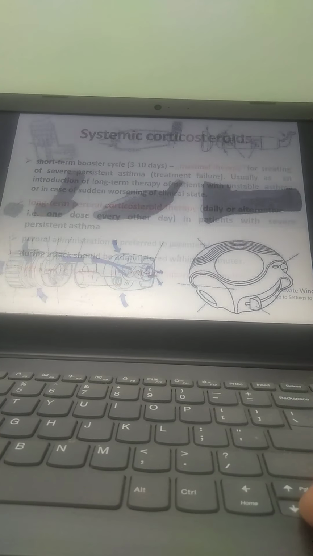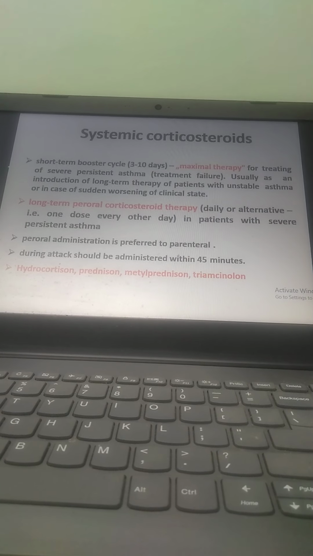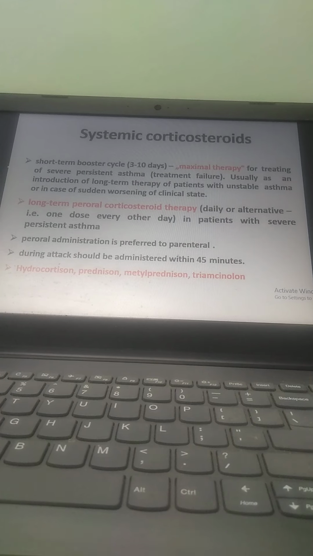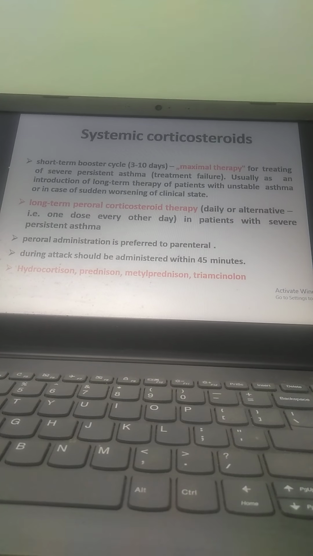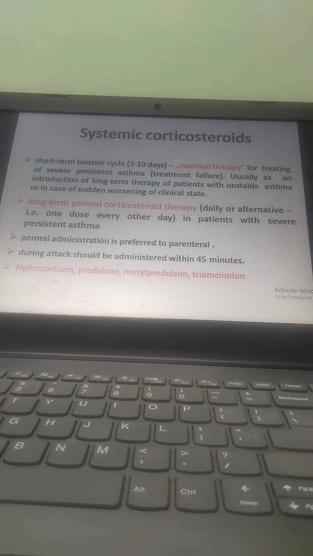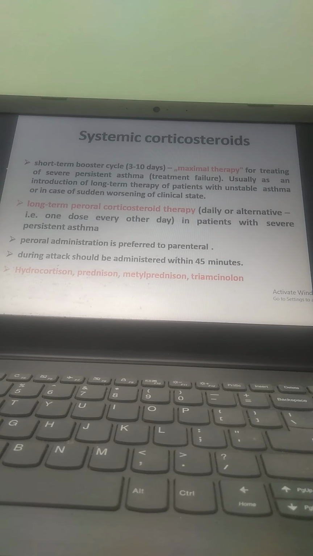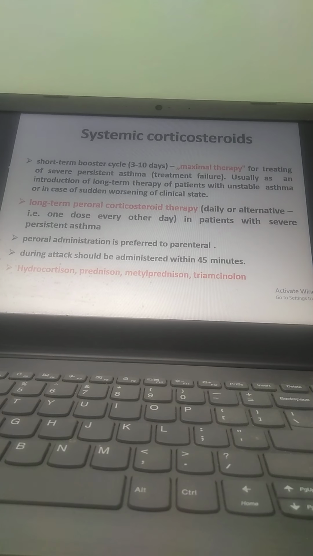So these are the different inhalers. And then systemic corticosteroids we can give sometimes, in the fourth stage of the patient. Short-term booster cycle, 3 to 10 days, is the short-term maximal therapy for treating severe persistent asthma treatment failure, usually as an introduction of long-term therapy in patients with unstable asthma, or in case of sudden worsening of the clinical state.